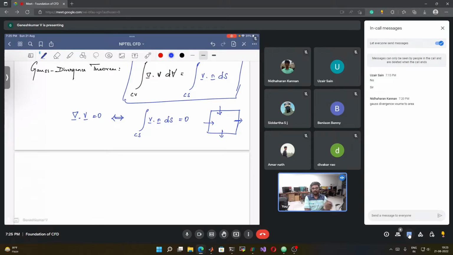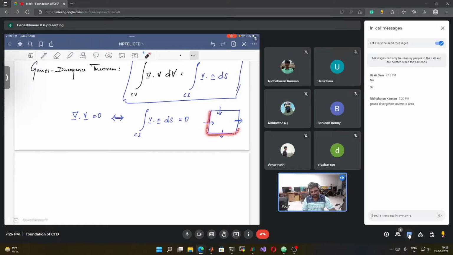So why do we need to go to these different methods? Because anyway we are dividing the domain into number of small elements. The major difference is, if you are solving a fluid flow problem, the fluid is going to enter and the fluid is going to leave, right?